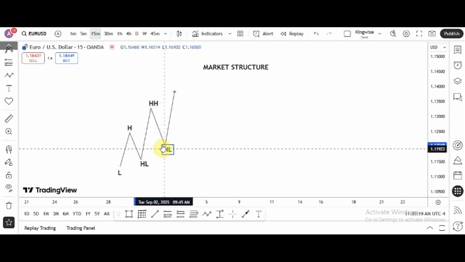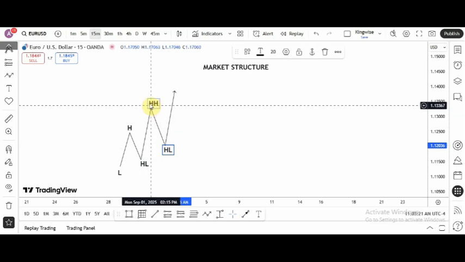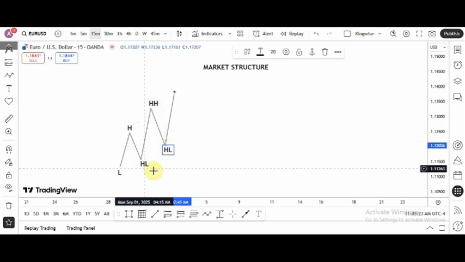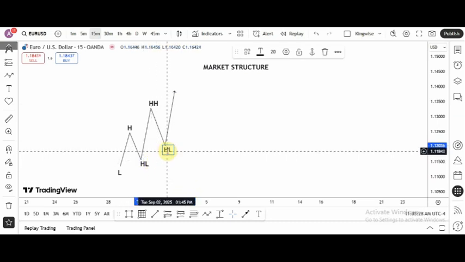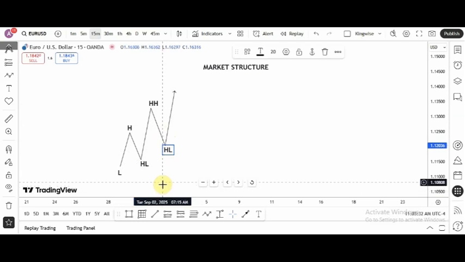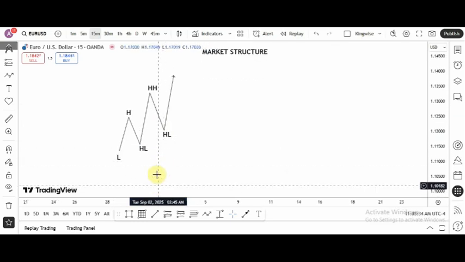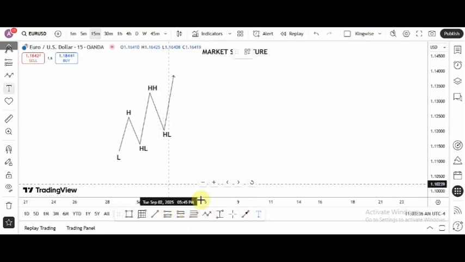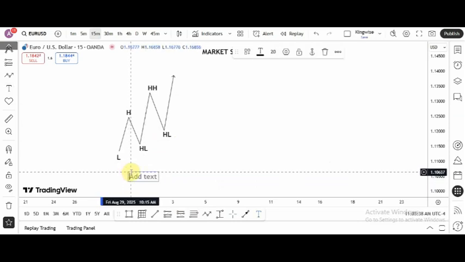Now when price retraces back, not breaking this previous higher low, it is a new higher low. So when price forms a series of higher highs and higher lows, we call this an uptrend market.